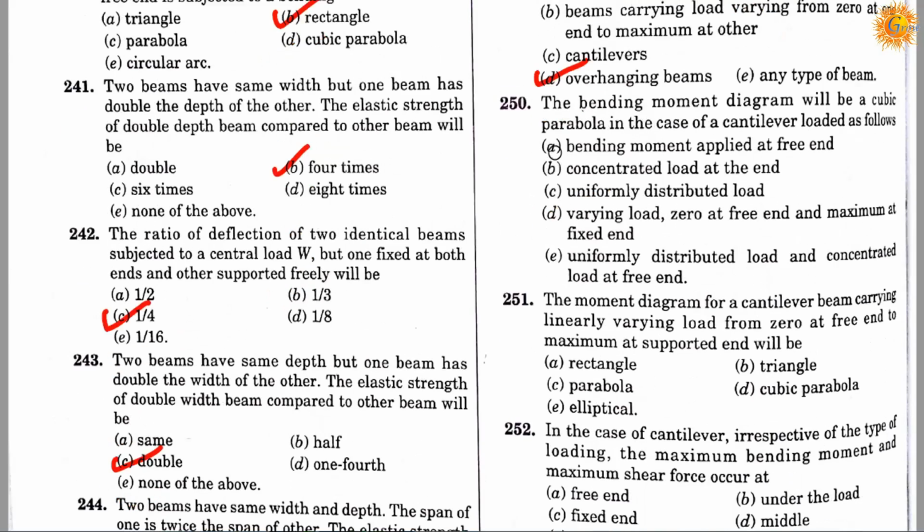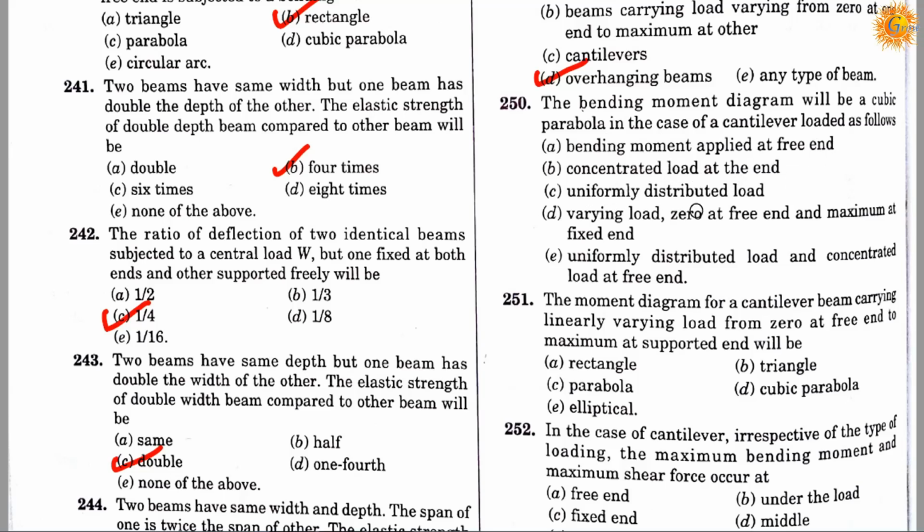Question number 250. The bending moment diagram will be a cubic parabola in the case of a cantilever loaded as follows. Option A, bending moment applied at free end. Option B, concentrated load at the end.